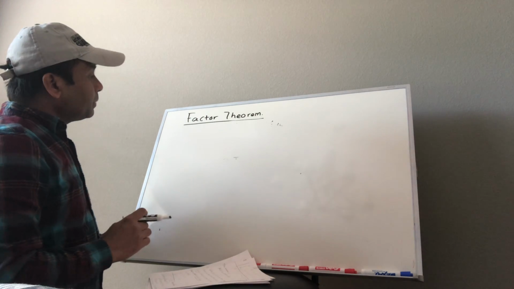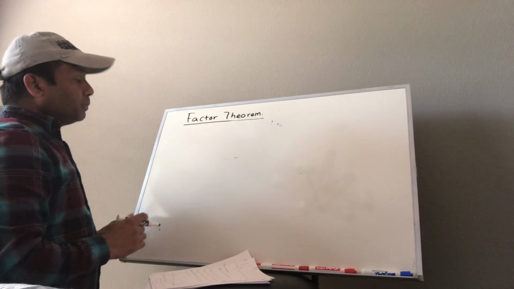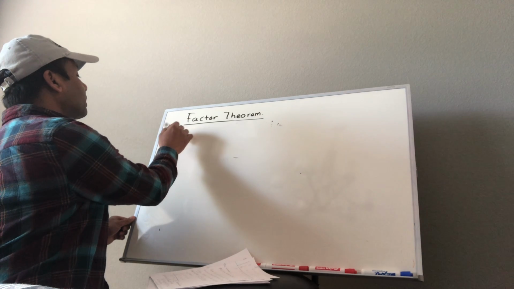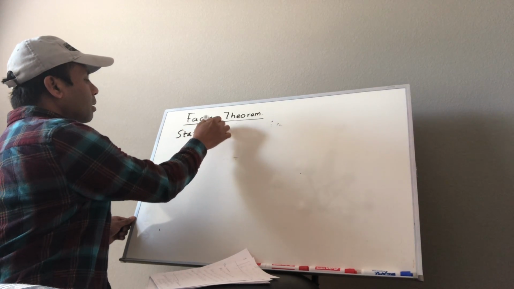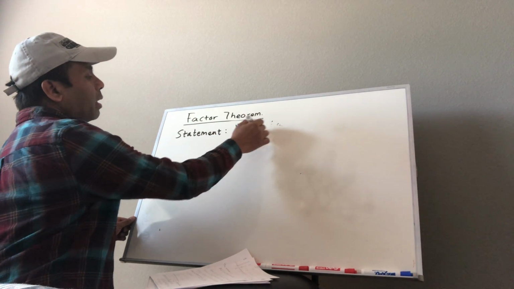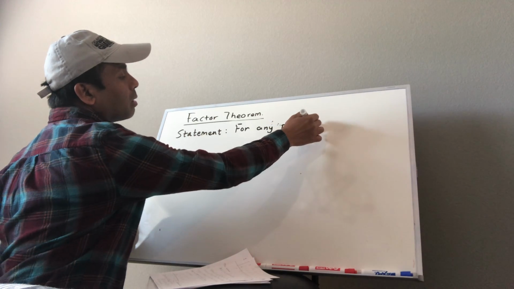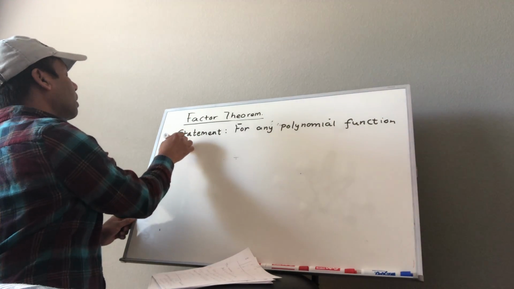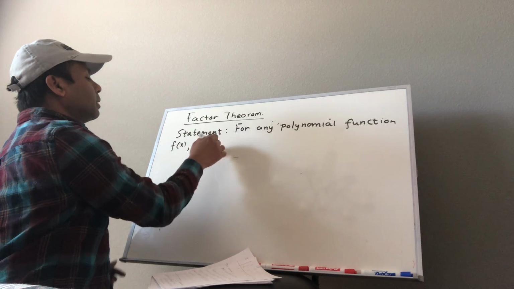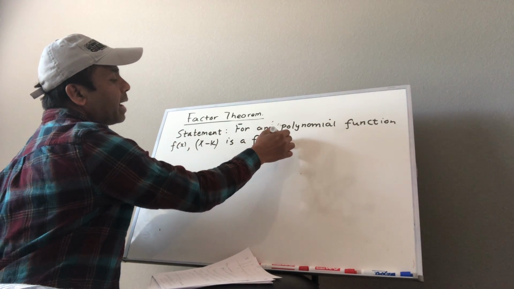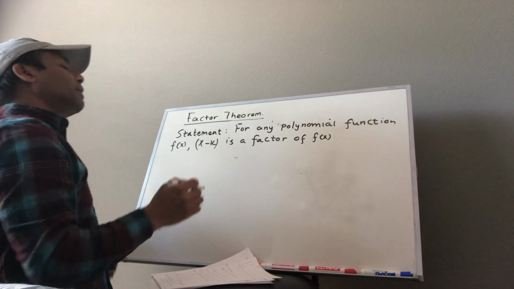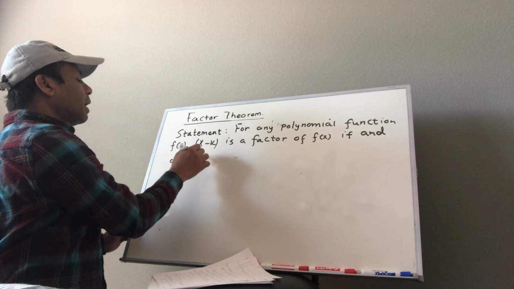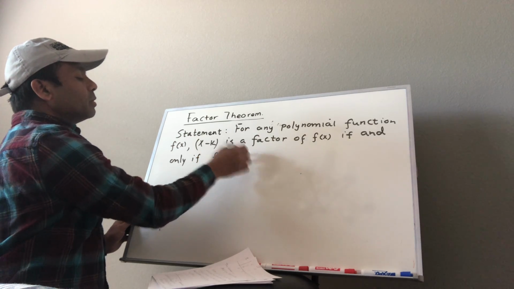For any polynomial function f(x), this is the statement: x minus k is a factor of f(x) if and only if f(k) equals 0.